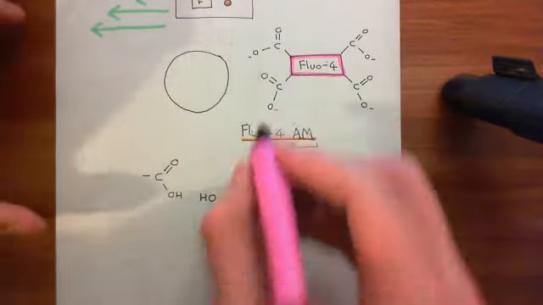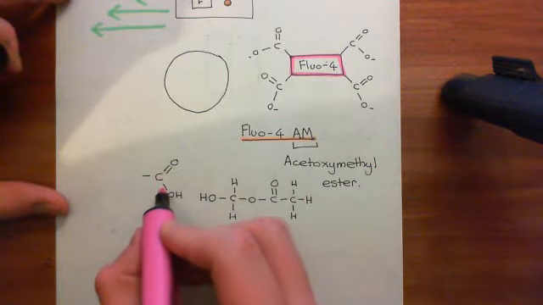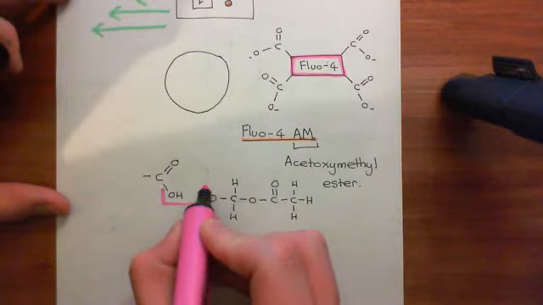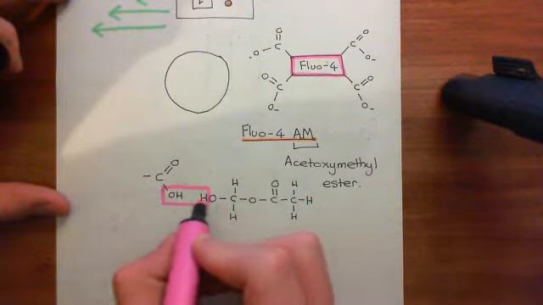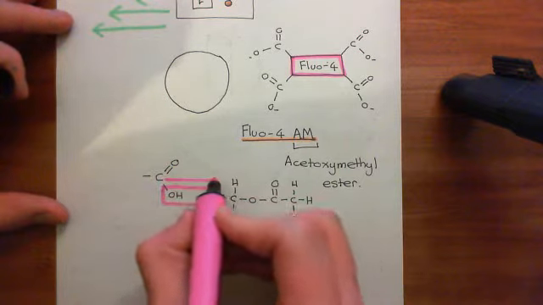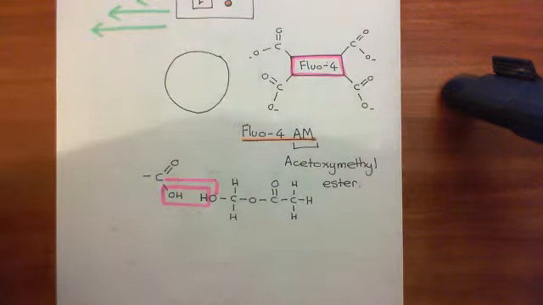Now, each of the carboxylic acid groups of Fluo-4. When you form the ester links, the alcohol group will come off the carboxylic acid group, the hydrogen will come off the alcohol group of this molecule here, and you will then attach the carboxylic acid group's carbon to the oxygen of this alcohol group.